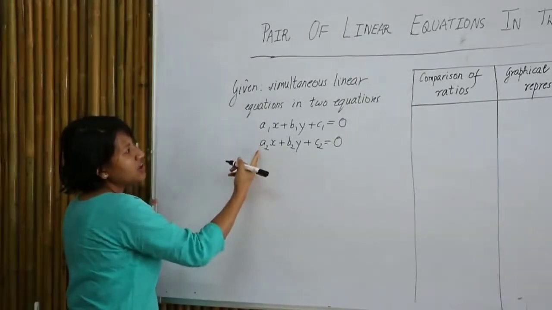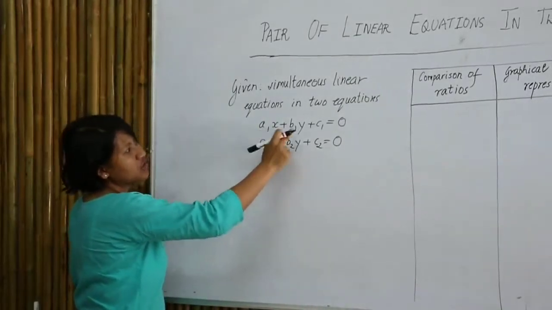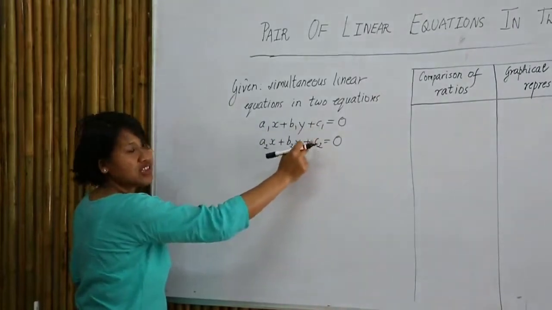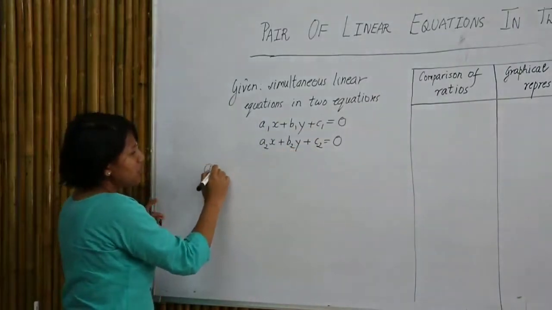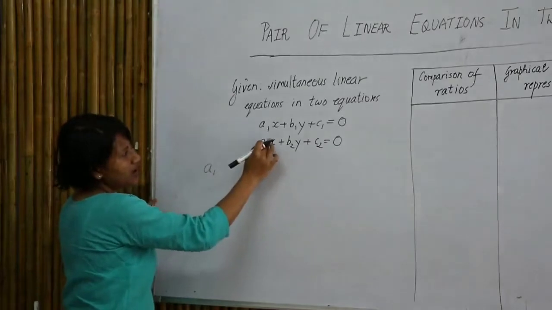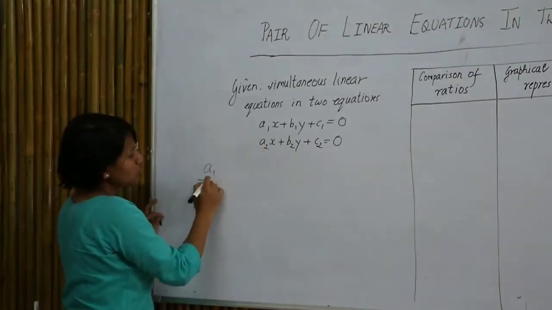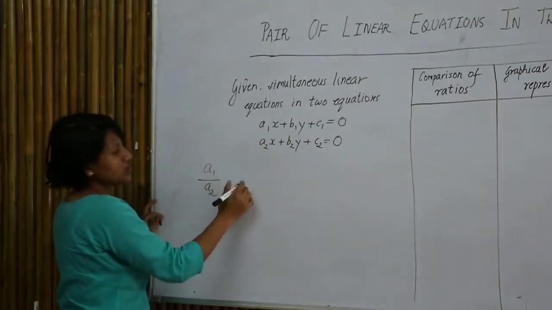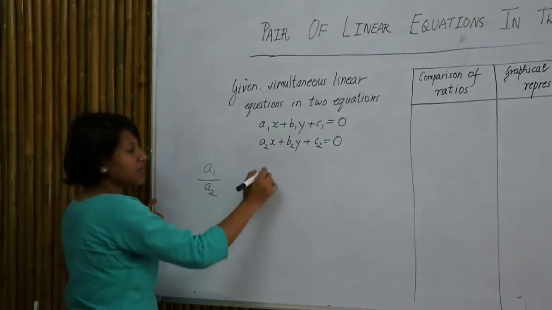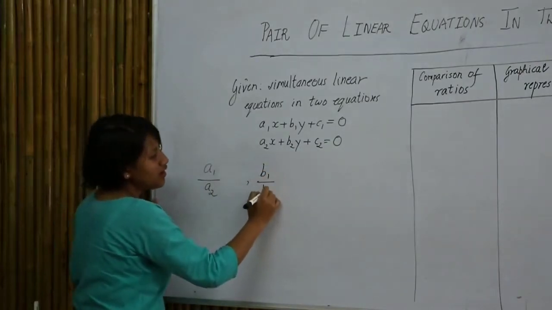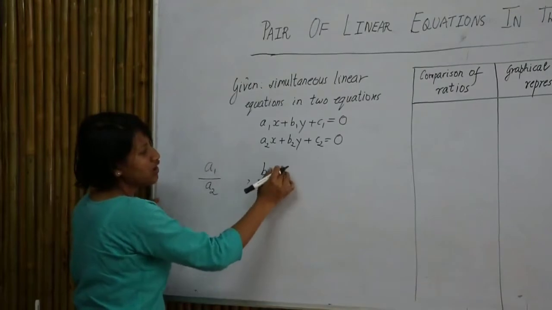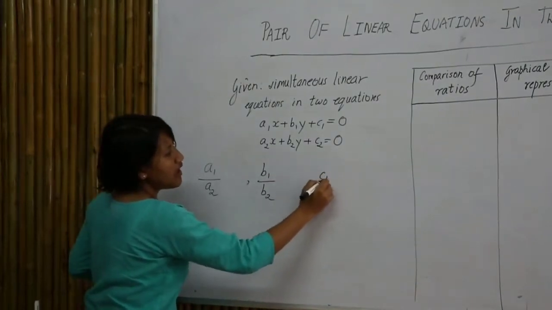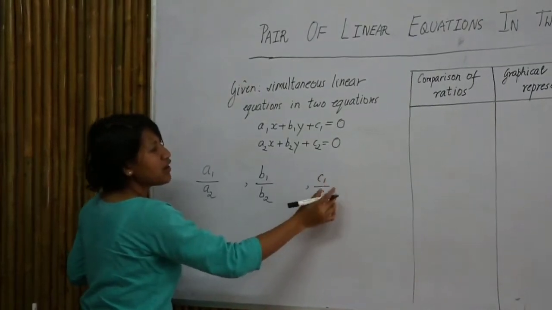First, you see here the coefficient of x, the coefficient of y, and the constant. Now A1 and A2, you take the ratio of these two, and then B1 and B2, you take the ratio as well, as for C1 and C2.